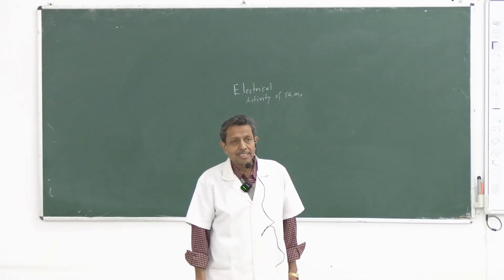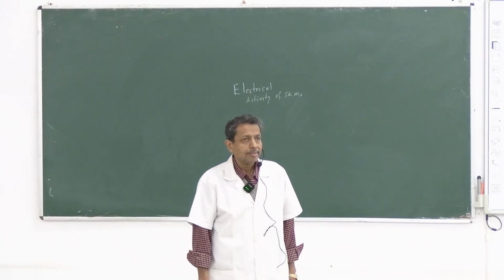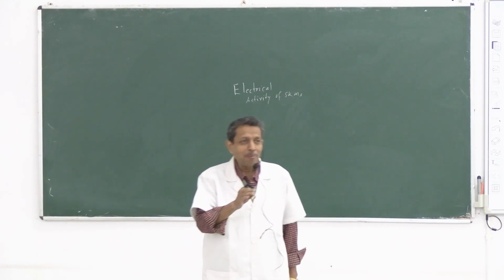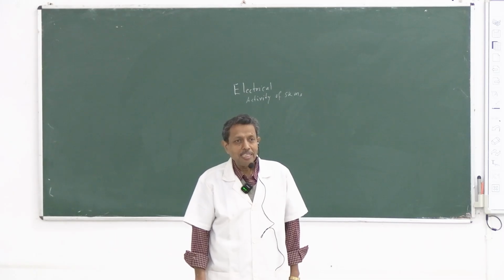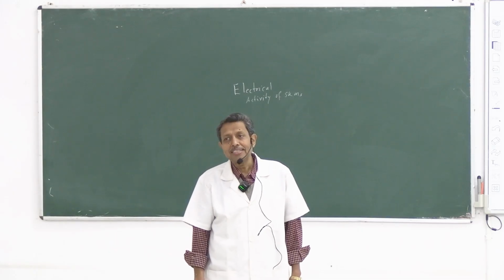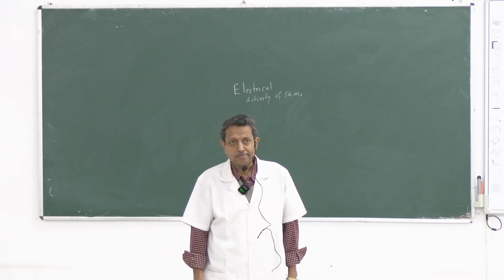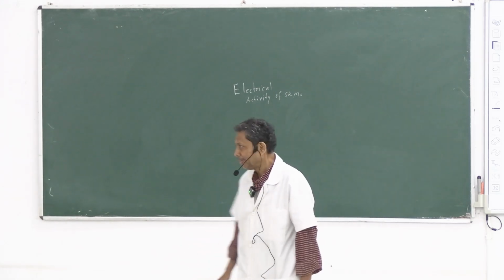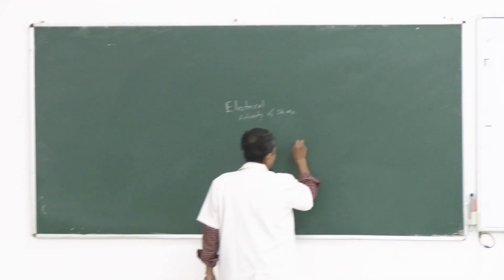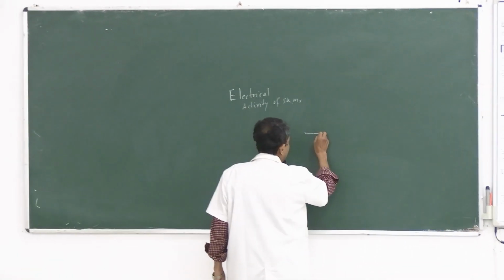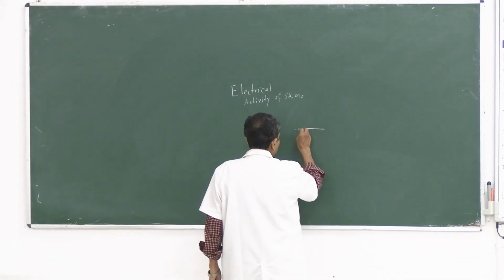In skeletal muscle, the resting membrane potential is minus 90 millivolt. In case of nerve, if you can remember, it is minus 70 millivolt, and in skeletal muscle it is minus 90 millivolt.